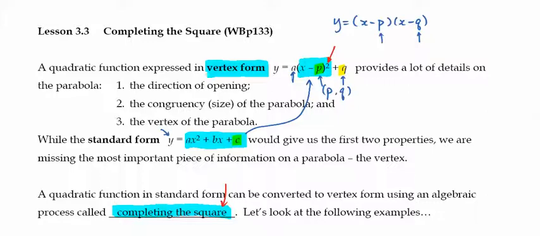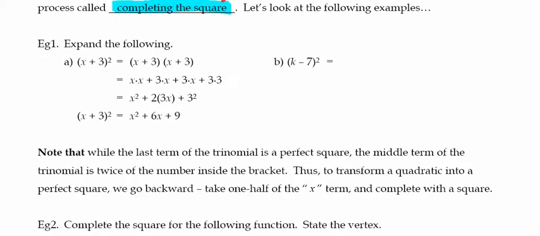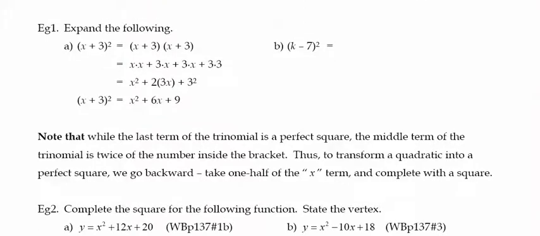But before we do that, I'm going to walk through some of the basic concepts that you need to know in order to complete your square. So I'm going to look at example number 1, which consists of two perfect squares, x plus 3 squared and k minus 7 squared.